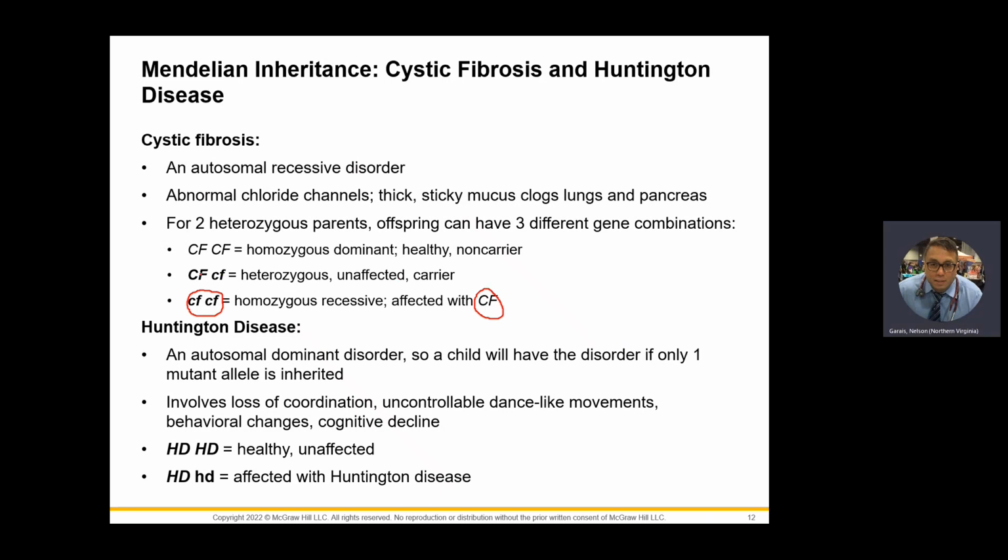And of course, 25% perfectly normal. 25% going to have the disease. 25% of the kids. And 50% will be, of course, unaffected carriers.